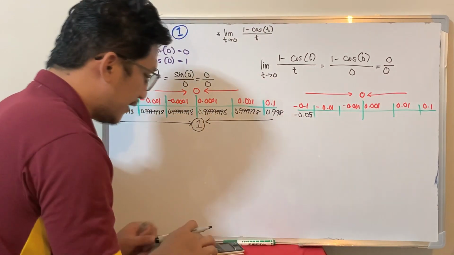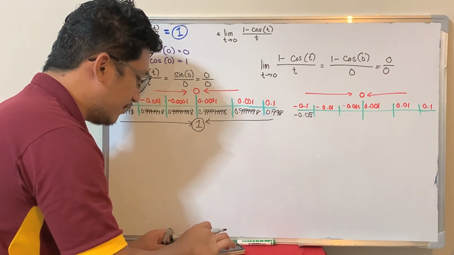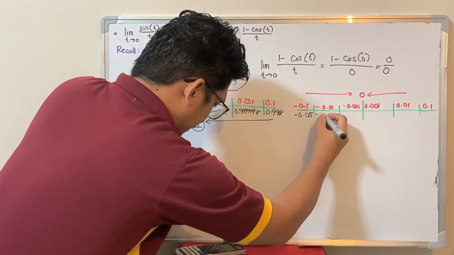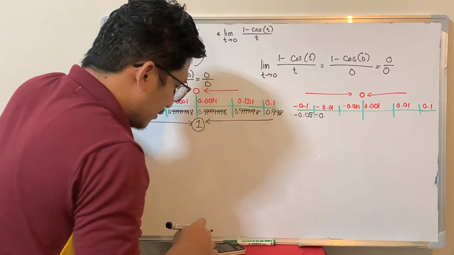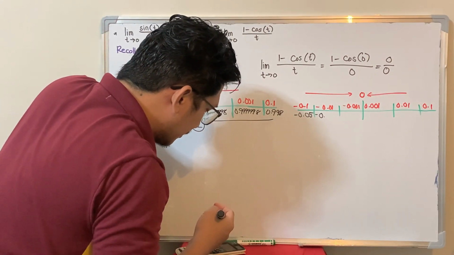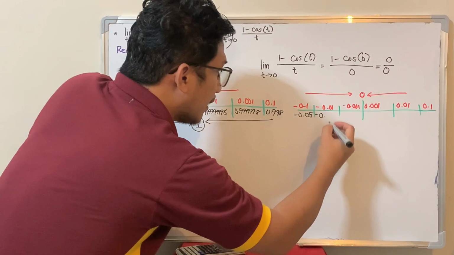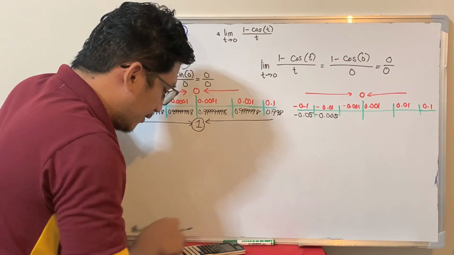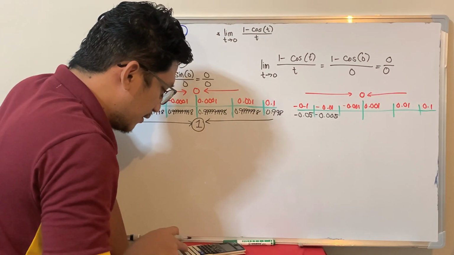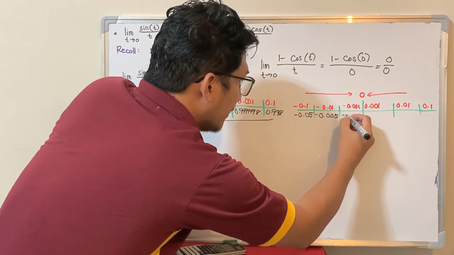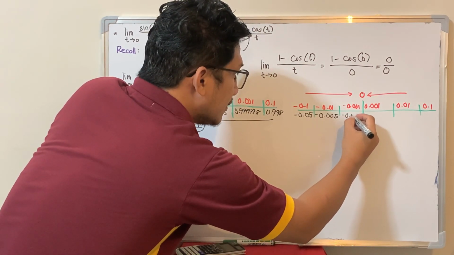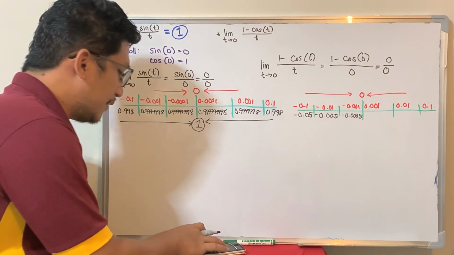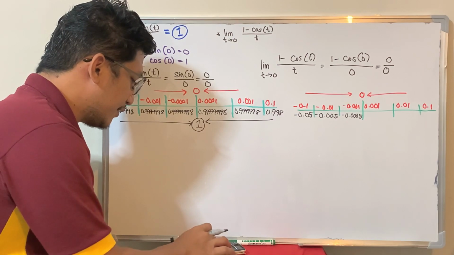Then if we move forward, the next value is negative 0.005. Then let's move forward to 0.001, that should be negative 0.0005. Then in the positive side, this time we have the positive values.